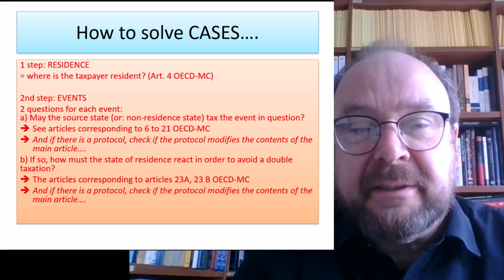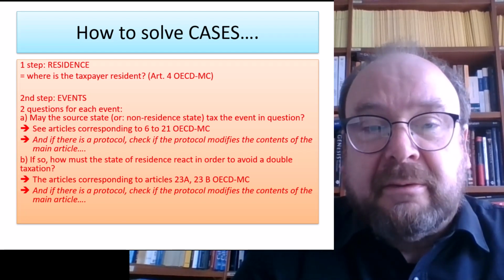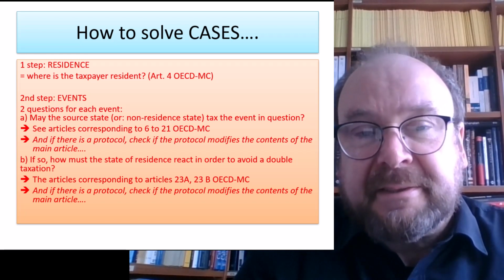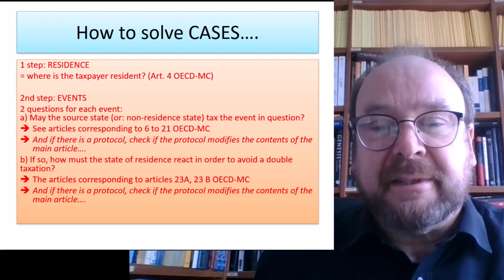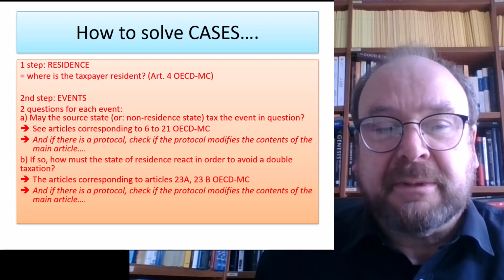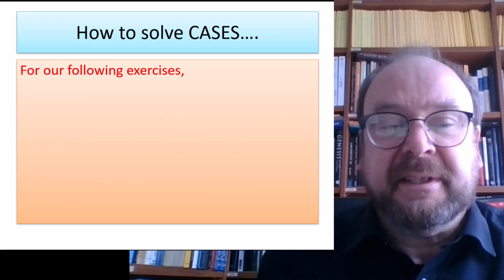It might clarify, modify, revoke, or change the contents of the main article with respect to certain situations or certain constellations. Well, that is what we have to keep in mind as a testing scheme.